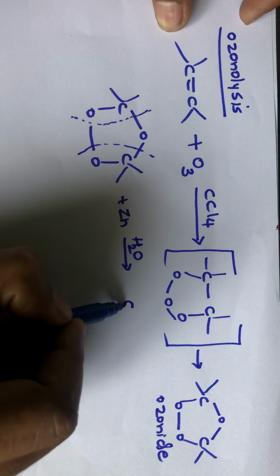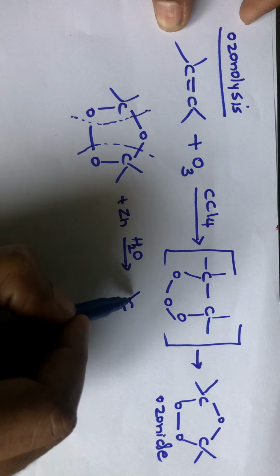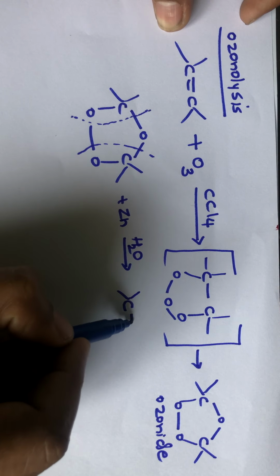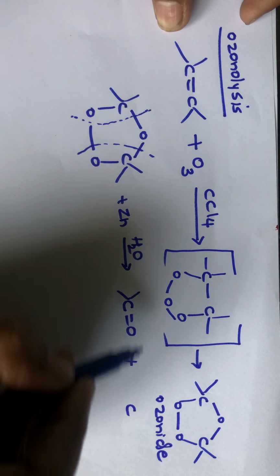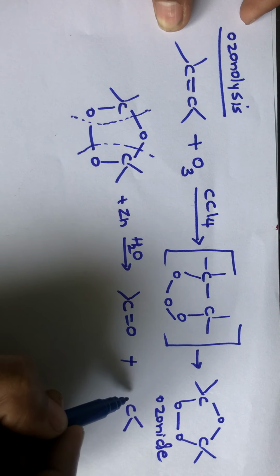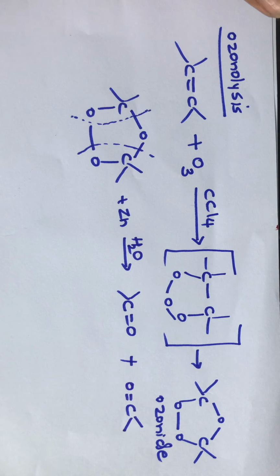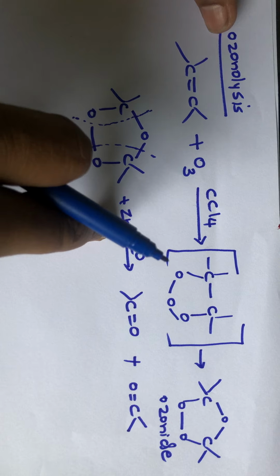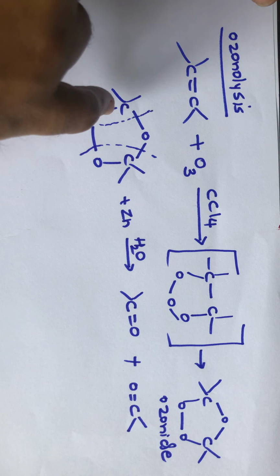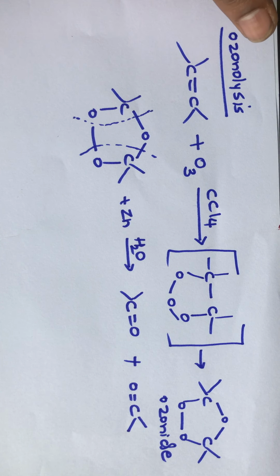We have C with two bonds here, so this oxygen will have a double bond over this one. C with two bonds here, and this oxygen will have a double bond. So you get two molecules of carbonyl compound. The zinc goes as zinc hydroxide. So this is the ozonolysis reaction.